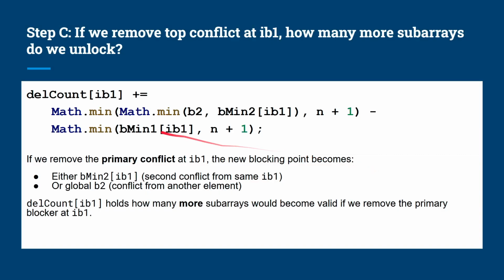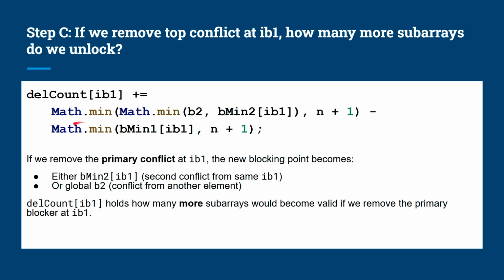Understand? So in the last step in the for loop, we'll remove the top conflicts, and we'll check how many more subarrays we unlock. So for that we'll delete the ib1, and we'll provide the min of min, with n plus 1, and we'll use this formula.